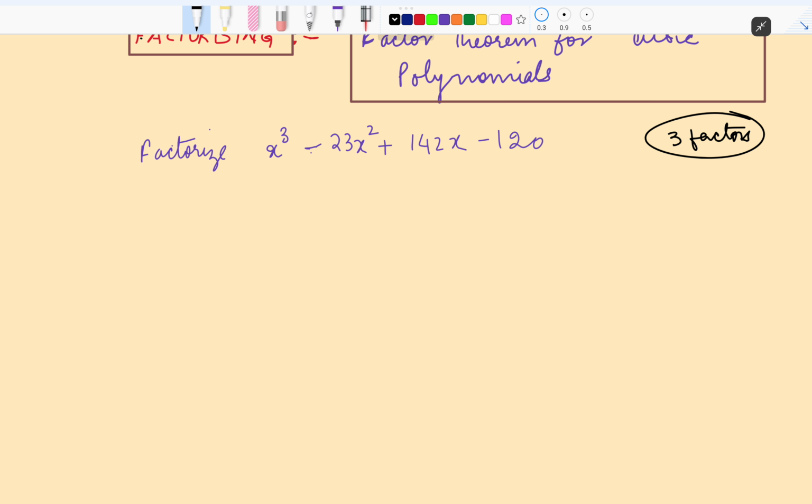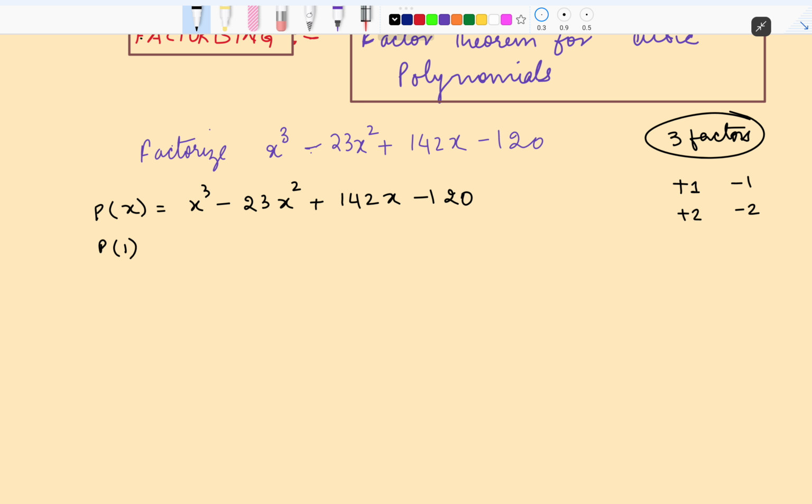The first factor is to be found using the hit and trial method. P of x is equal to x cube minus 23x square plus 142x minus 120. अब hit and trial से हम 1 से शुरू करेंगे. We'll take positive 1, then negative 1, then positive 2, negative 2. ऐसे we'll keep on checking which one is a zero of the polynomial.